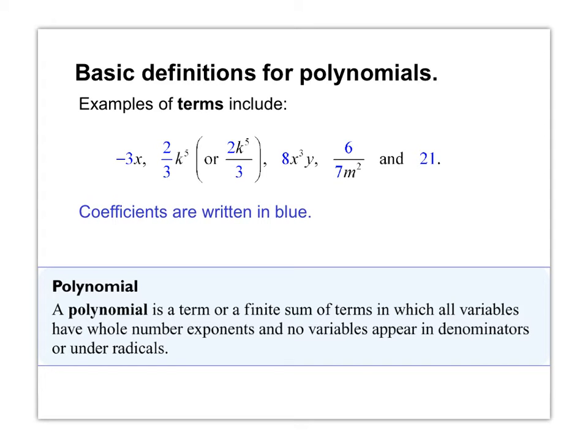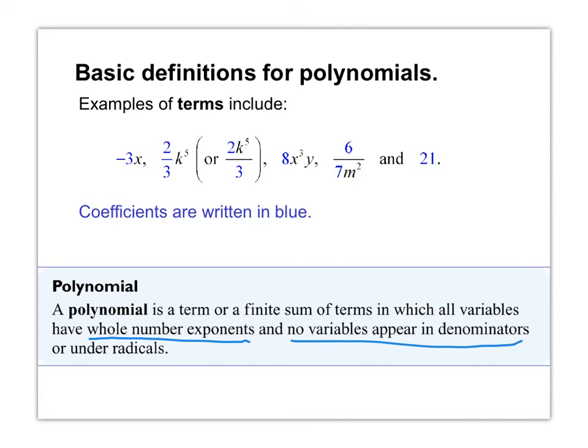Now, a polynomial is a term or a finite sum of terms in which all the variables have whole number exponents. And also there are no variables that appear in denominators or under radicals.